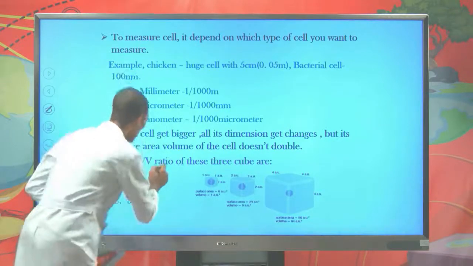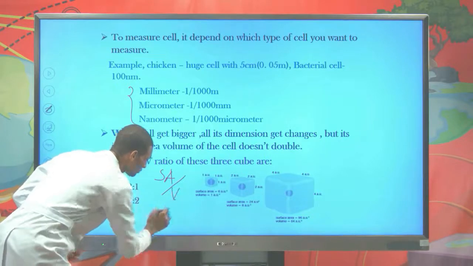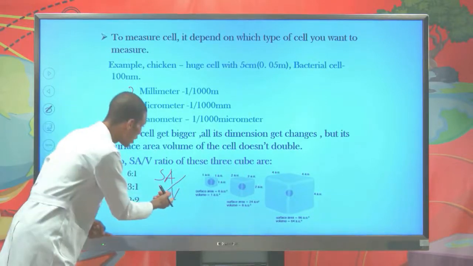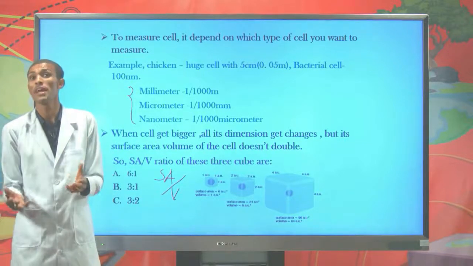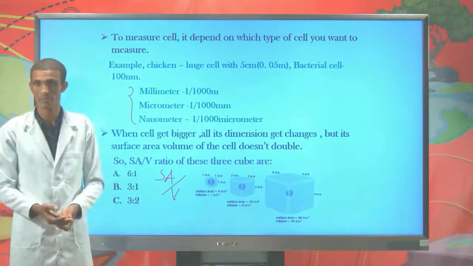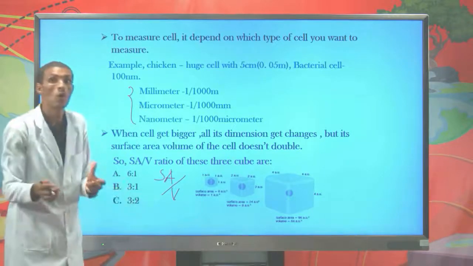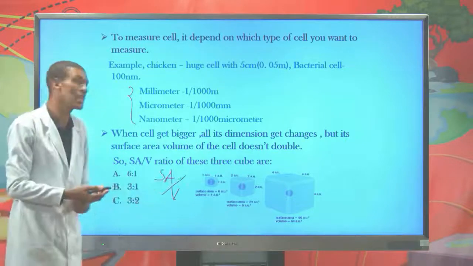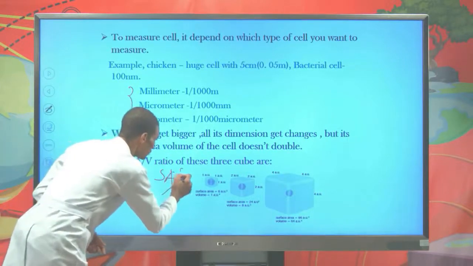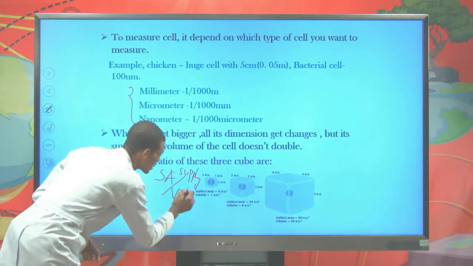Here, when you talk about the surface area to volume ratio of a cell, volume determines the demand that the cell raises to the environment, whereas surface area supplies what the cell needs. To fulfill the cell's need, this is the supply, whereas this one is the demand.